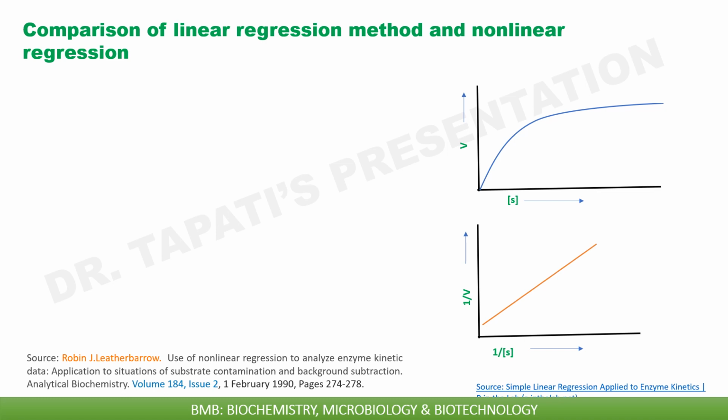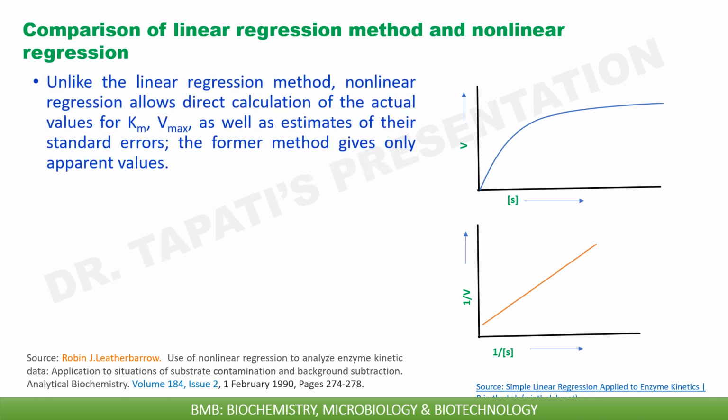Comparison of linear regression method and nonlinear regression method. Unlike the linear regression method, nonlinear regression allows direct calculation of the actual values of Km, Vmax as well as estimates of their standard errors, whereas the former method gives only apparent values. Former method means the linear equations, linear regression methods give only apparent values.